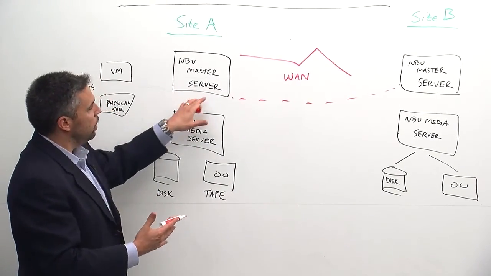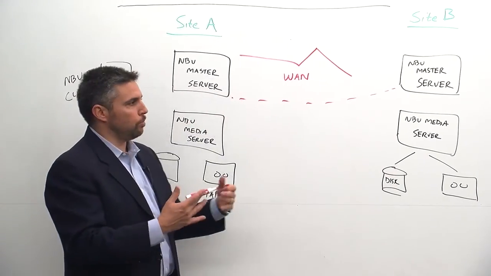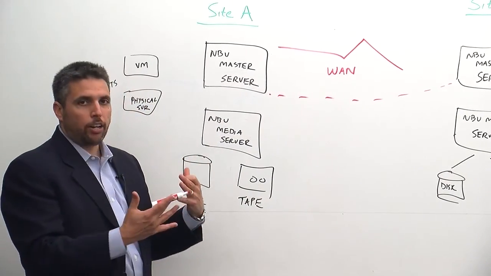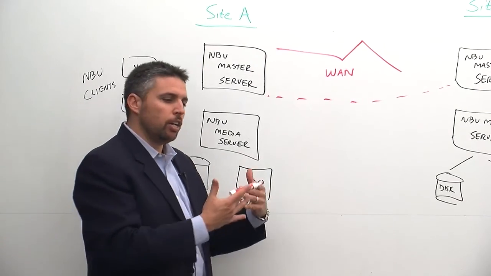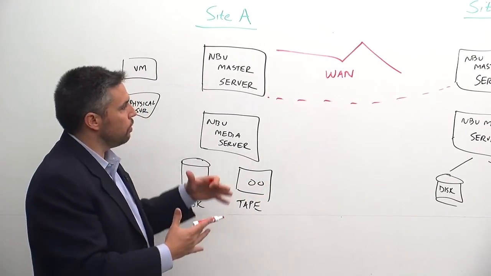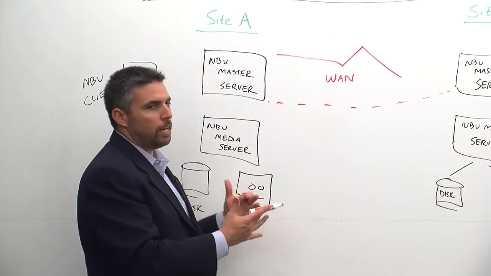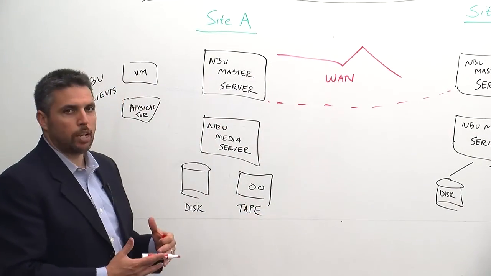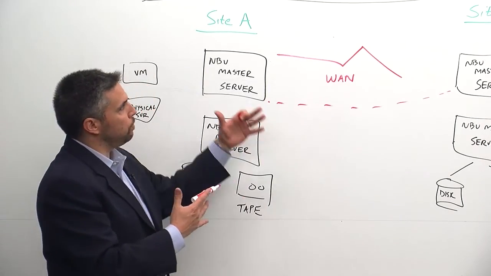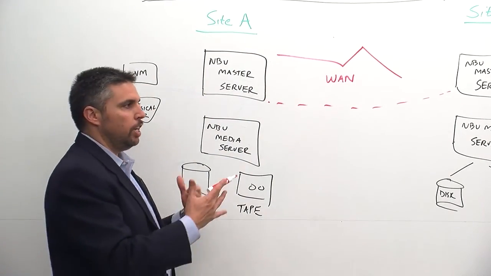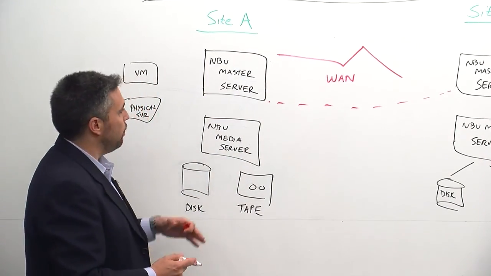First do a backup here, then replicate those backup images to the remote site. AIR, and then we have what's called targeted AIR, which is specific to a storage server. These technologies support different topologies, so one to many, many to one. So if you had multiple different NetBackup domains that you wanted to protect in the case of disaster recovery, AIR is a great example of that.